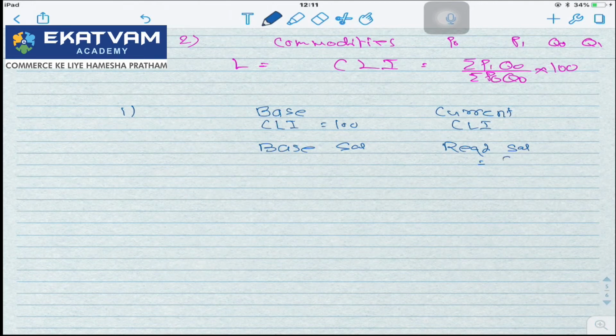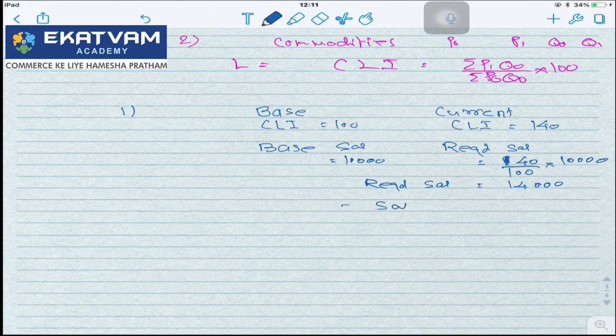Obviously, suppose this is 140, then it will be 140 divided by 100 multiplied by base salary, suppose 10,000, that will be equal to 14,000. So 14,000 is the required salary.